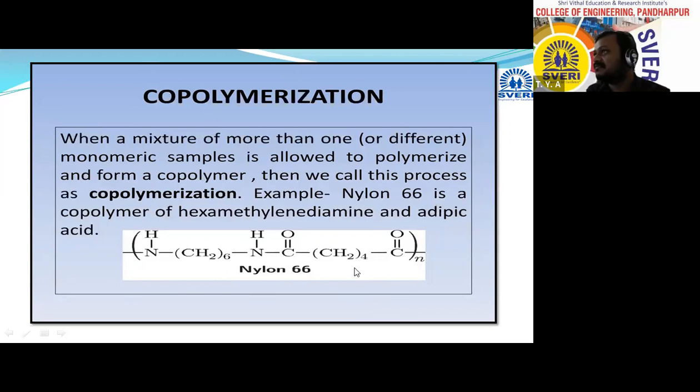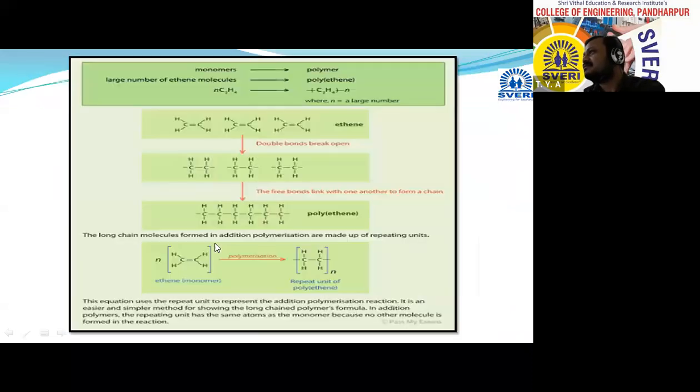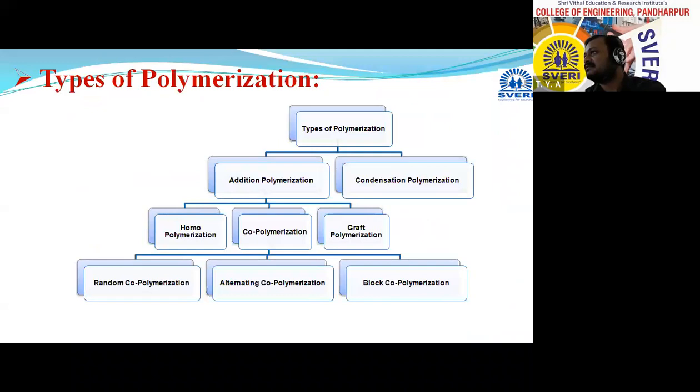Examples of this copolymerization: PEVA in caps, polyethylene vinyl acetate. Some complex names are there that I will add in the slides also, for copolymerization only. I will check whether I have added that. I have not added it here.